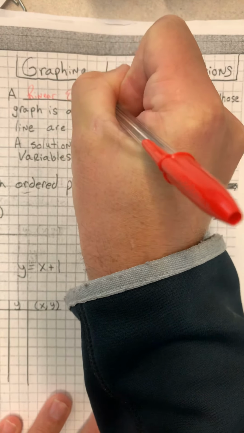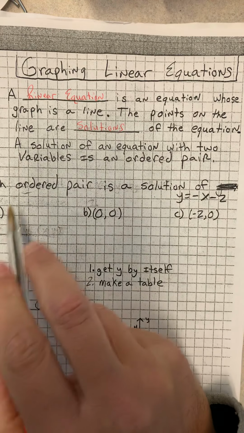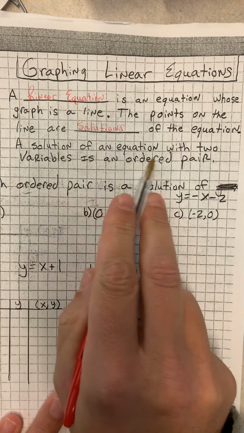The points on the line are solutions of the equation. A solution of an equation with two variables is an ordered pair. And don't worry, we're going to break that down, but I'm going to star that.